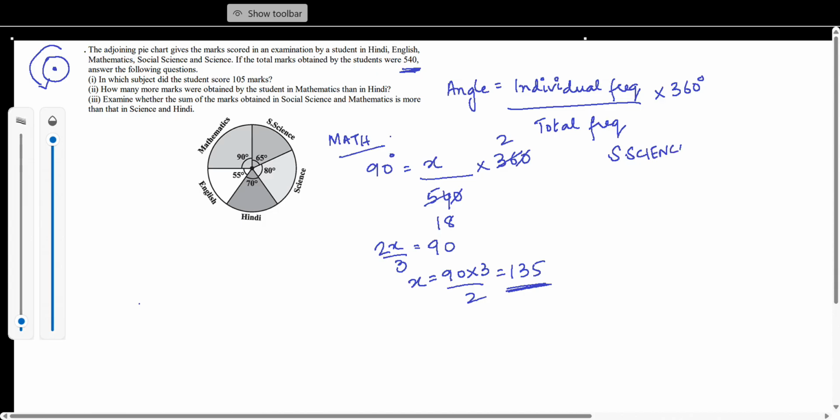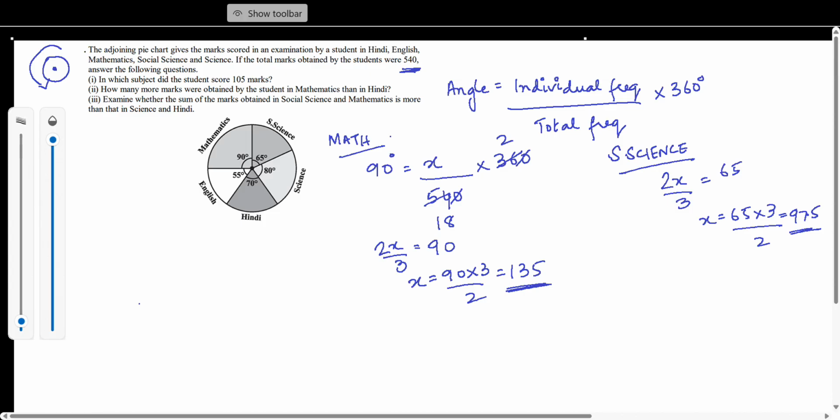Now let us go to social science. We already got the simplification that it is 2x by 3 because that's the total frequency and 360 is going to remain the same, only the angle changes. So let us equate the 2x by 3 to 65 here. X becomes 65 into 3 by 2, which is 195 by 2, which becomes 97.5.